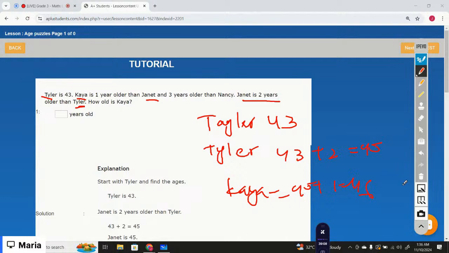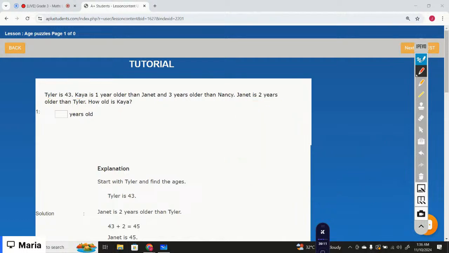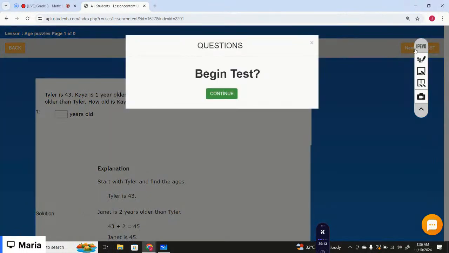So that means the age of Kaya is 46. So go step by step, the same thing, right? Then you can find your required answer.